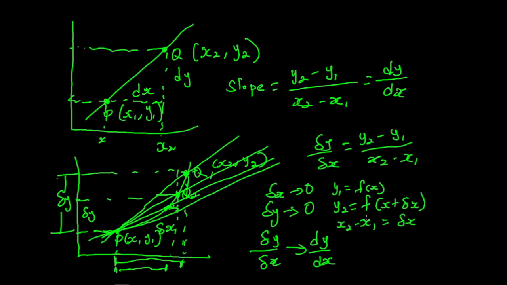Delta x. So to factor this back into this expression, we have delta y over delta x equal to a function of x plus delta x minus y1, which is a function of x, then all over x2 minus x1, which is delta x.